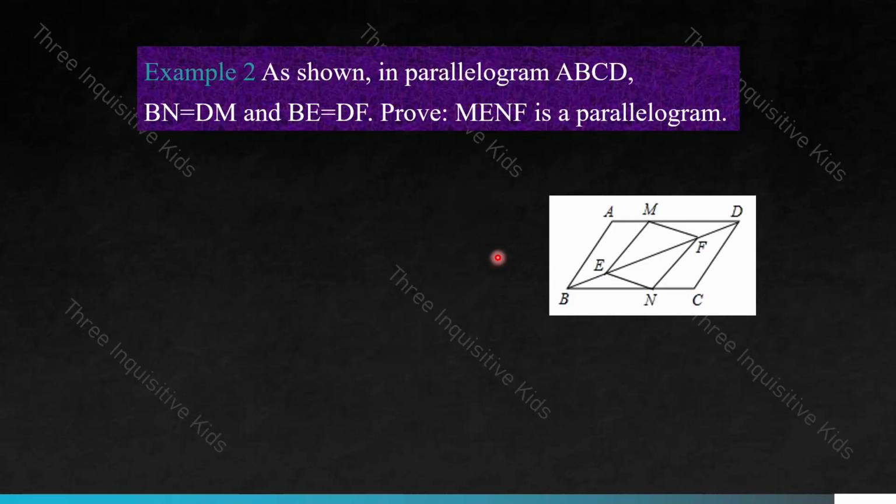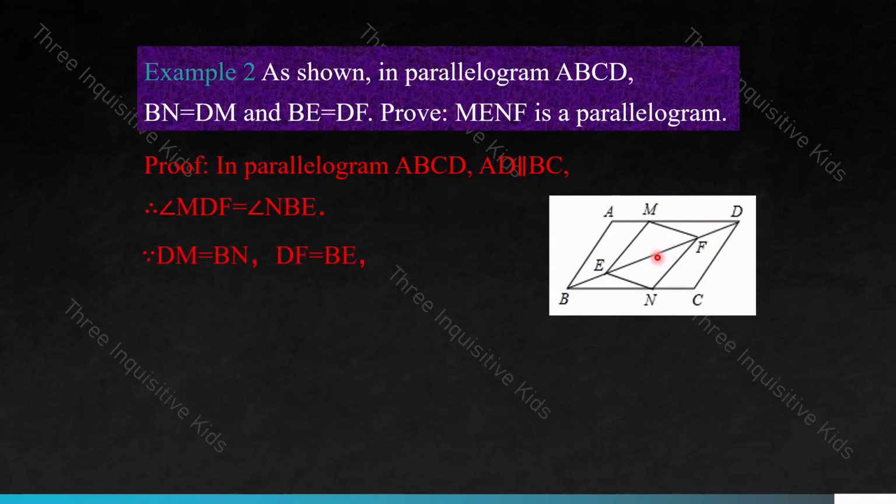As shown in parallelogram ABCD, BN is equal to DM and BE is equal to DF. Prove that MENF is a parallelogram. Here's our proof. In parallelogram ABCD, AD is parallel to BC, and angles MDF and NBE are equal.